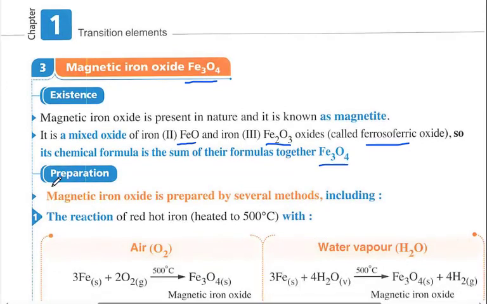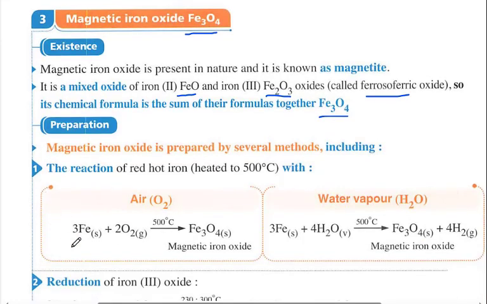Preparation of magnetic iron oxide. If you remember, the action of hot air on iron and the action of hot water vapor on elemental iron, if the iron is red hot or the temperature reaches 500 degrees Celsius, forms magnetic iron oxide. So the effect of air or the effect of water vapor on elemental iron, in both cases, forms magnetic iron oxide.